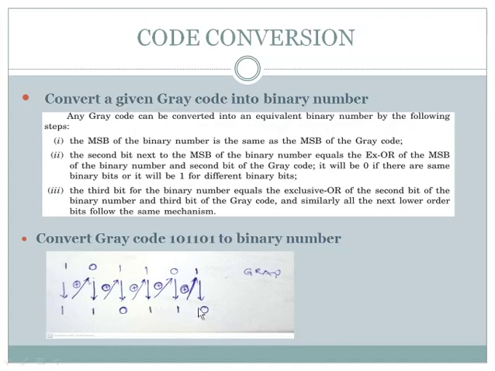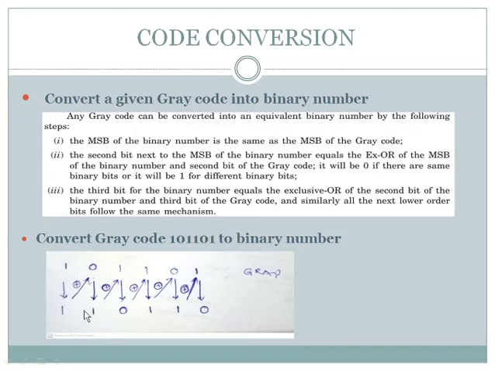Then how to obtain the remaining bits of the binary? The second bit of binary can be obtained as the XOR of the MSB of the binary and the second bit of the Gray code. So to get the second bit of binary, you have to perform XOR between the corresponding bit of the Gray code and the previous bit of binary.